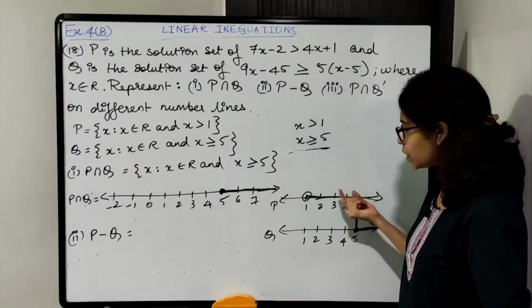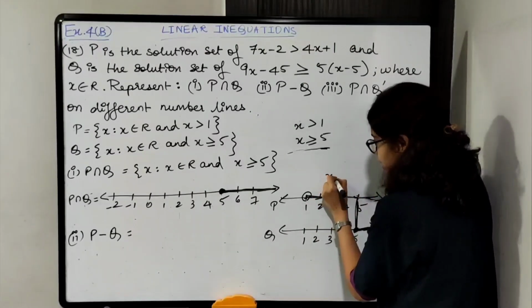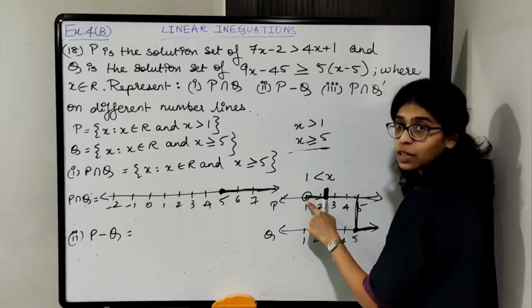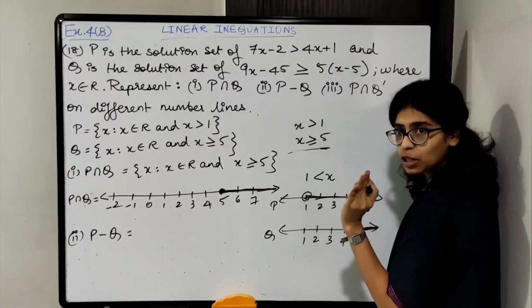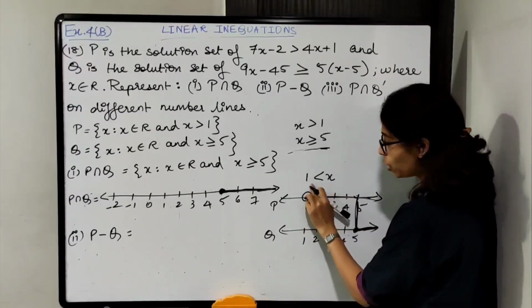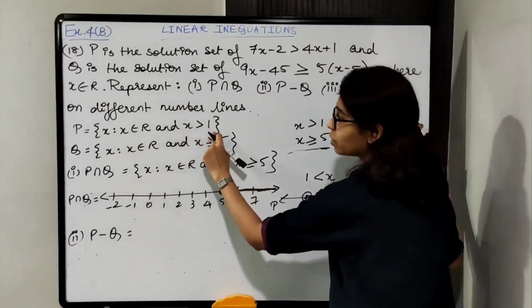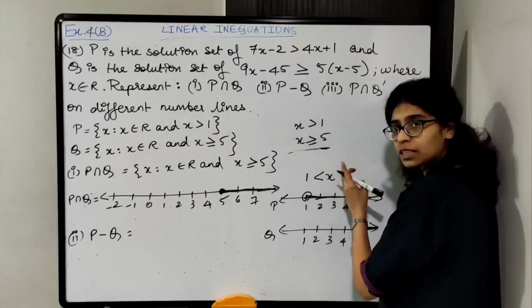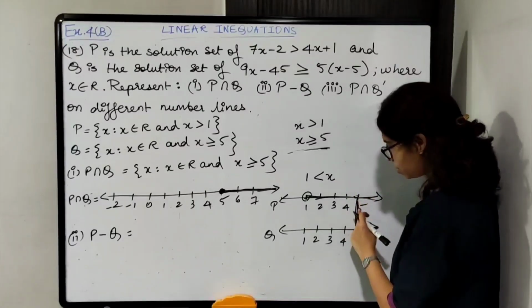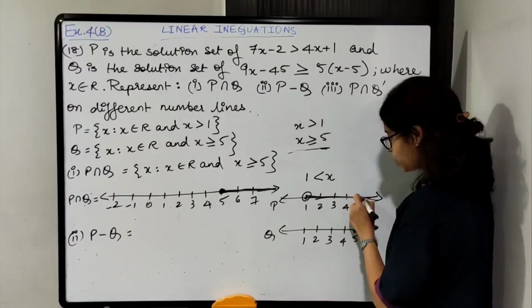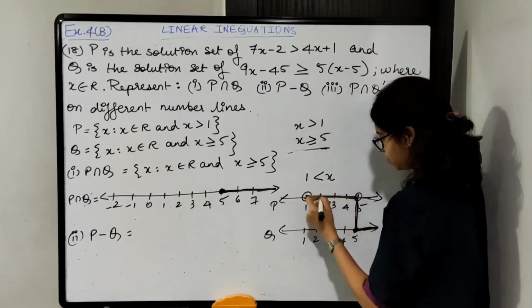Okay, so x will be greater than 1. Will it be equal to 1? No. P में it is not equal to 1. Okay, so you're considering P over here. Okay, P को consider कर रहे. So it is greater than 1, not equal to. Okay, P को check करो. It is greater than 1, not equal to. And 1 से ज़्यादा infinite values है. But over here 5 से Q start हो रहा है, so 5 तक ही हो सकता है, 1 से लेके 5 तक.